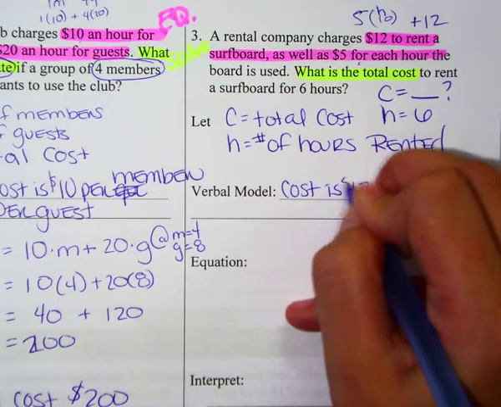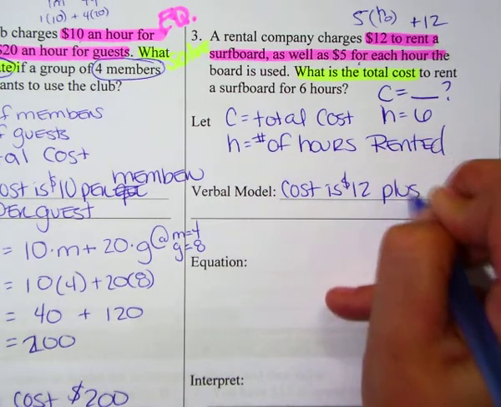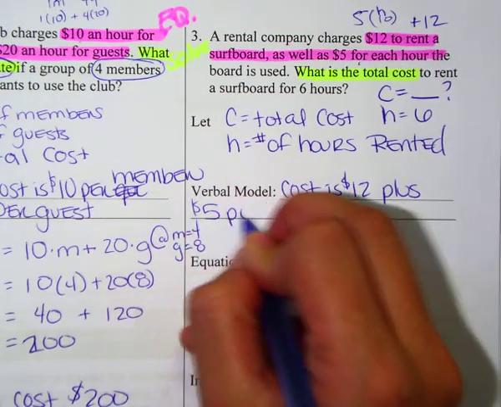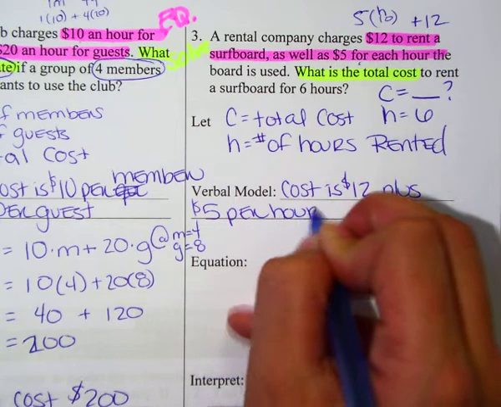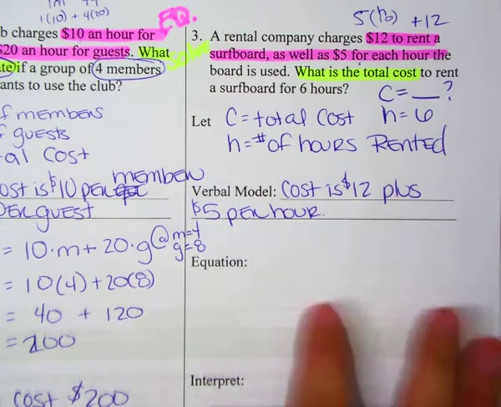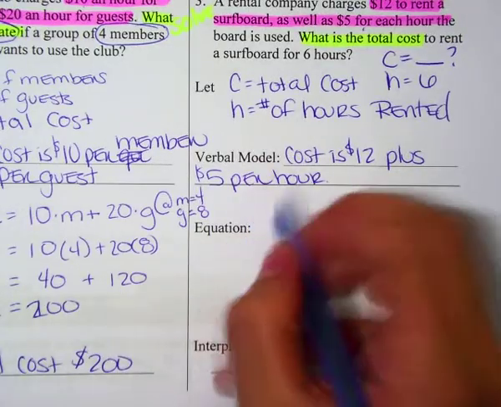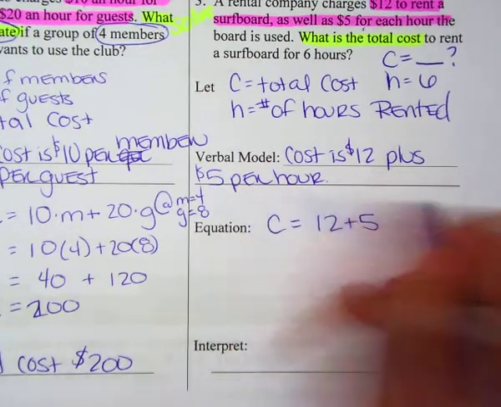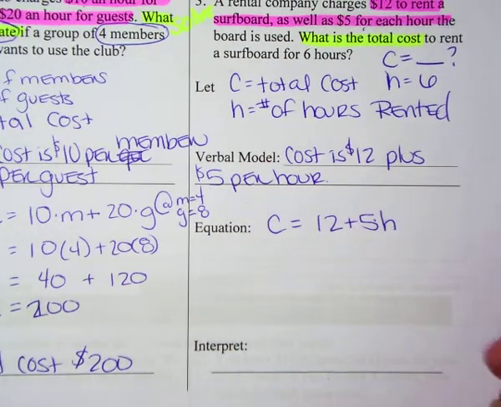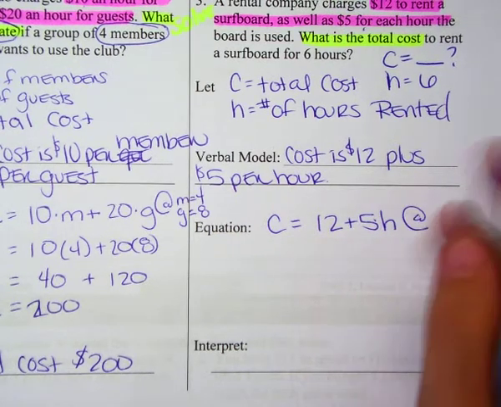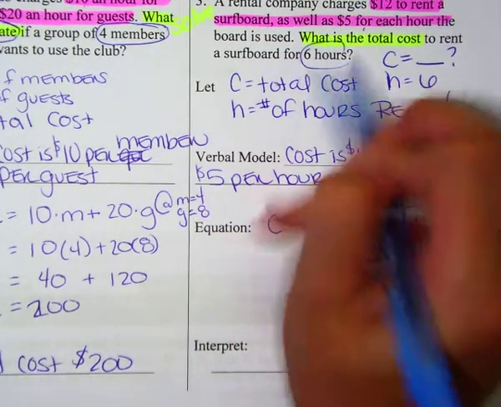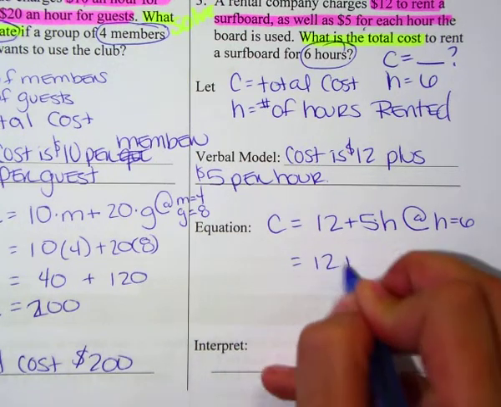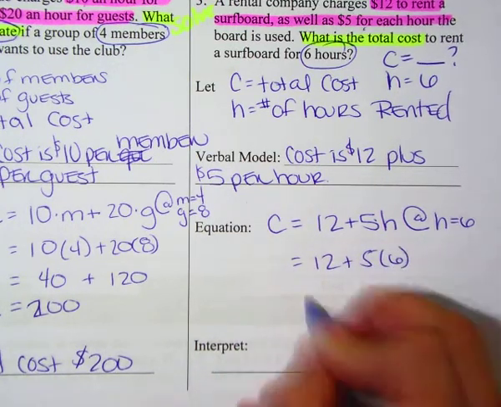So the cost is $12 plus $5 per hour. All right, we got an equation right there. Cost is 12 plus 5 per hour. I'm going to solve this at H equals 6. So 12 plus 5 times 6.